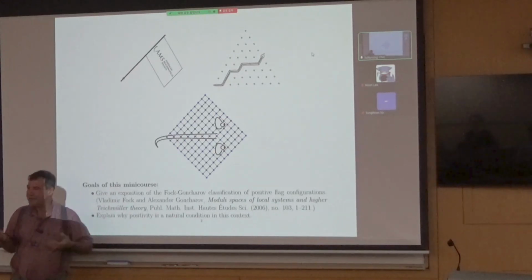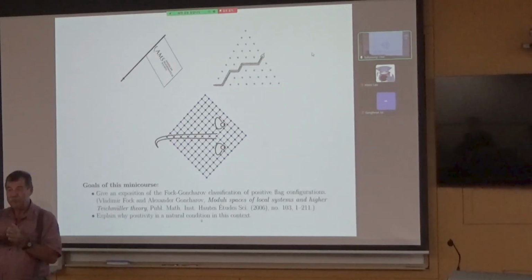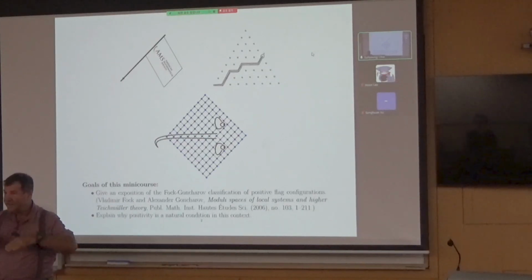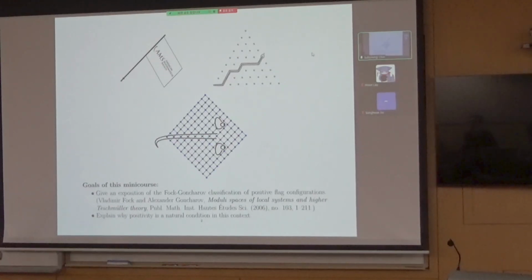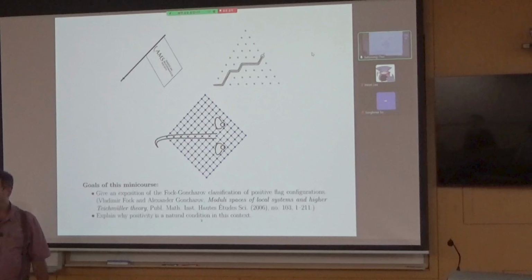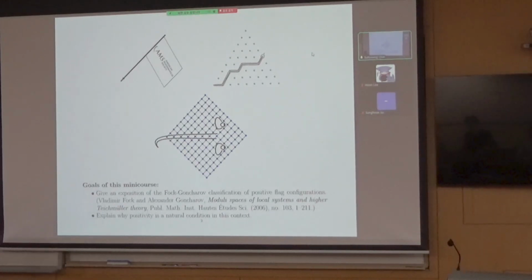But if you're only concerned with the additive theory of numbers, there is indeed a symmetry. Okay, so that's what I would like you to get out of this mini course. The problem is that I don't know how much I'll be able to cover in these 5 lectures. So we're going to see.